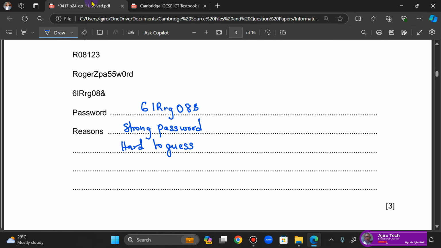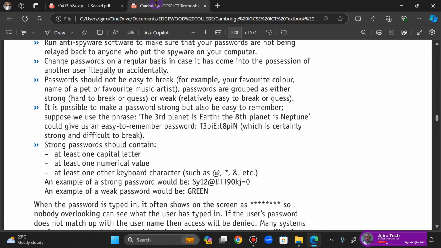Now we could have others, where we could say not directly related to personal details. That's very important. And we looked at it here. They said it should not be easy to break. For example, your favorite color, name of pet, or favorite musicians, and we have them grouped into 2 categories. So it should not be something that relates to you that is personal.